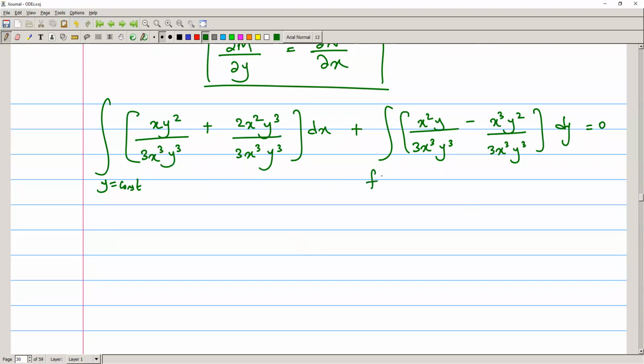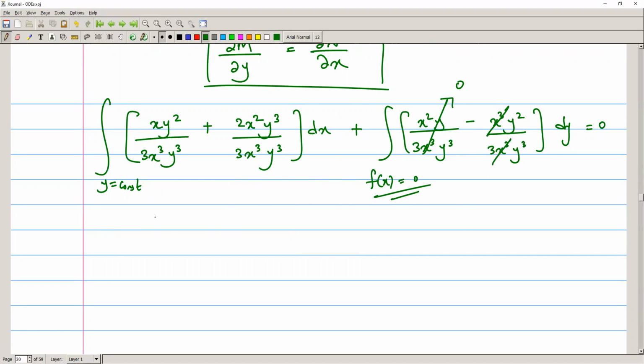We make every function of x equal to 0, or function of xy, so wherever x is involved we will make it 0. Here we can see that it's x squared and x cubed, so we will be left with x in the denominator, so this will be 0, and this will cancel out, therefore this will not be 0, right?